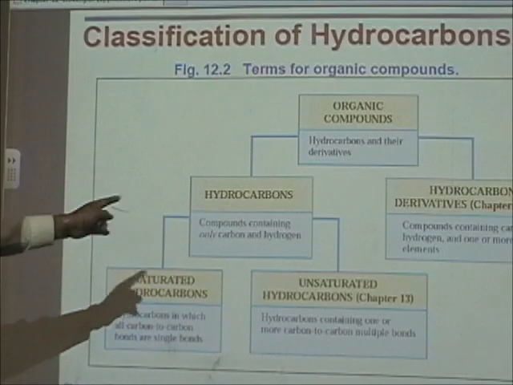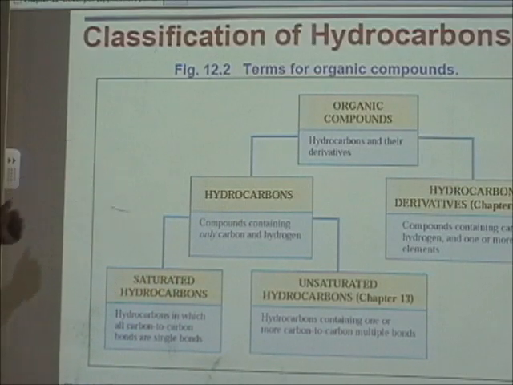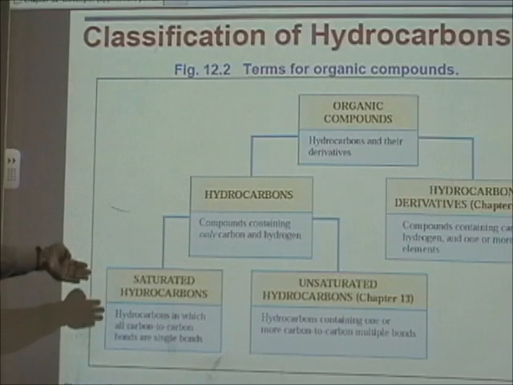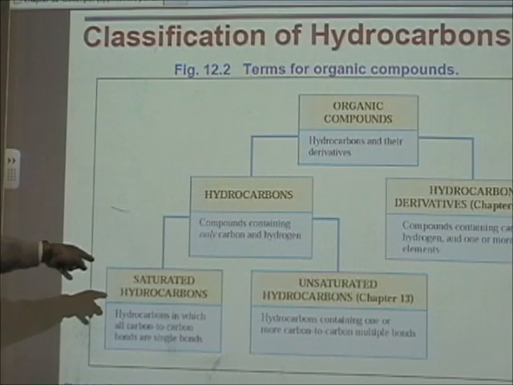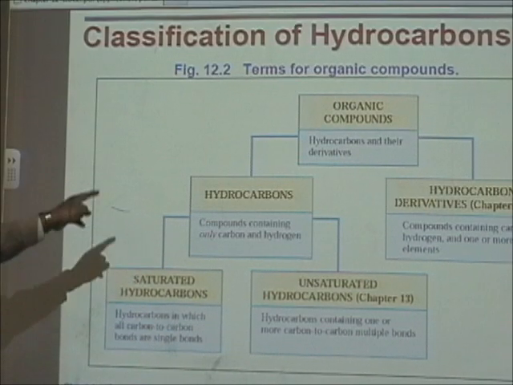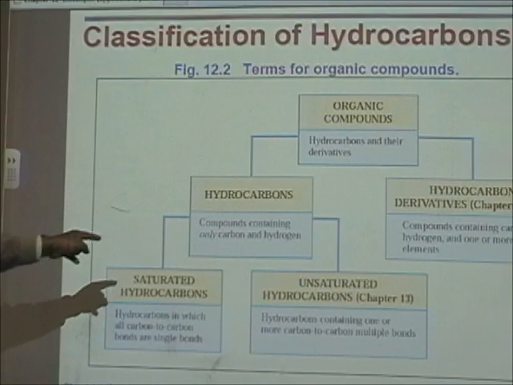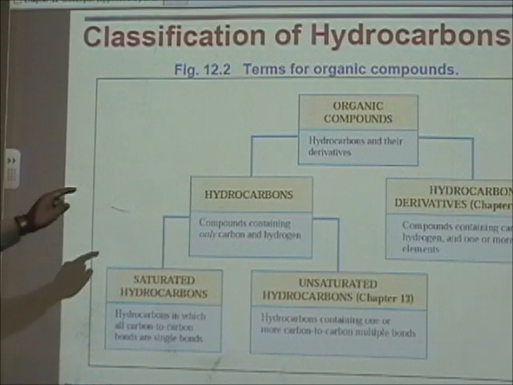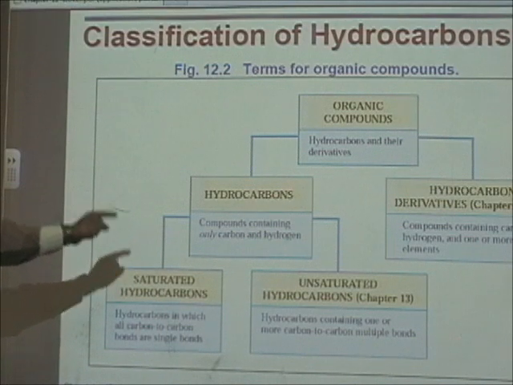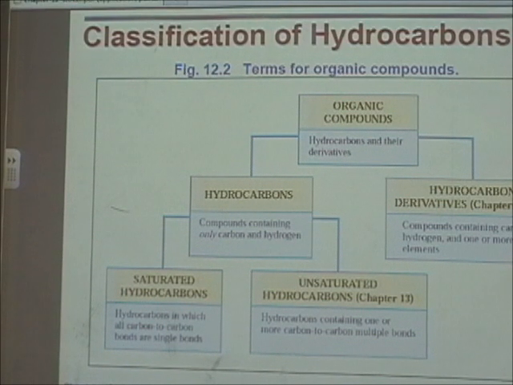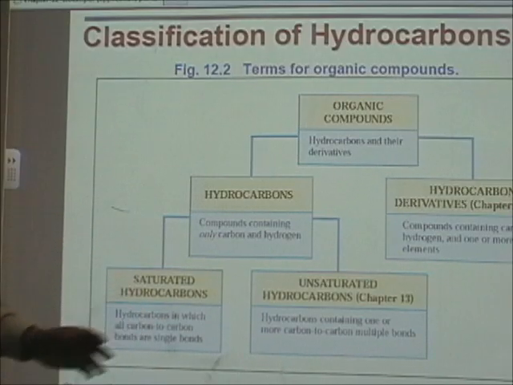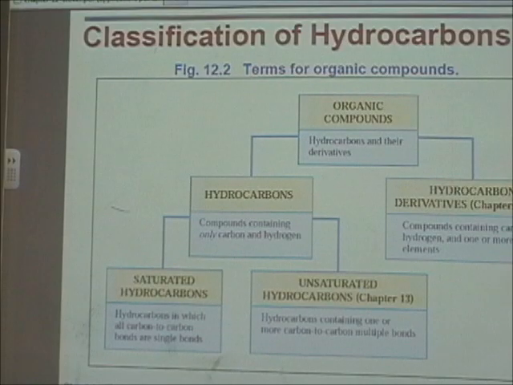Also, on the hydrocarbon side, in the same homework, we're going to look at two different types of hydrocarbons. Saturated hydrocarbons contain only carbon and hydrogen, and they contain single carbon-carbon bonds.